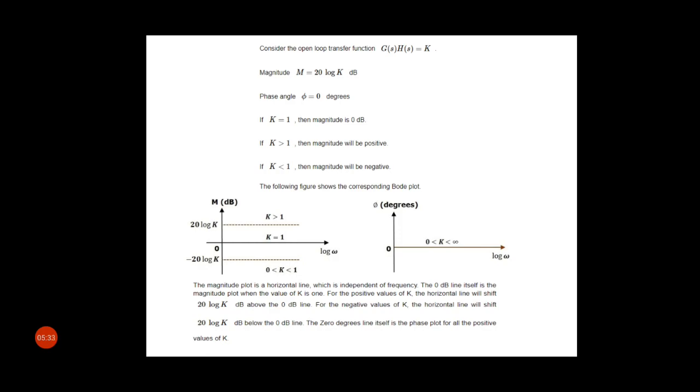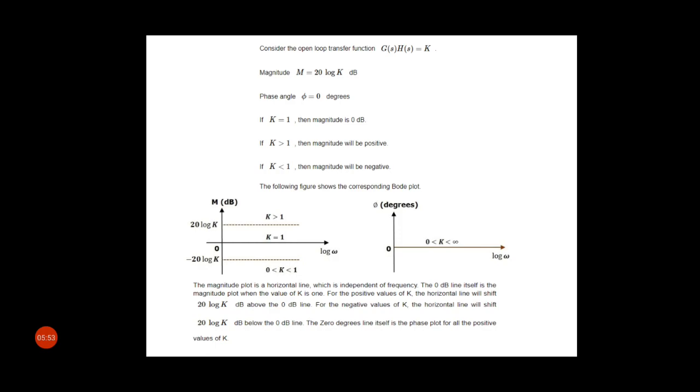If K is greater than 1, then the magnitude will be positive, and if K is less than 1, then the magnitude will be negative.